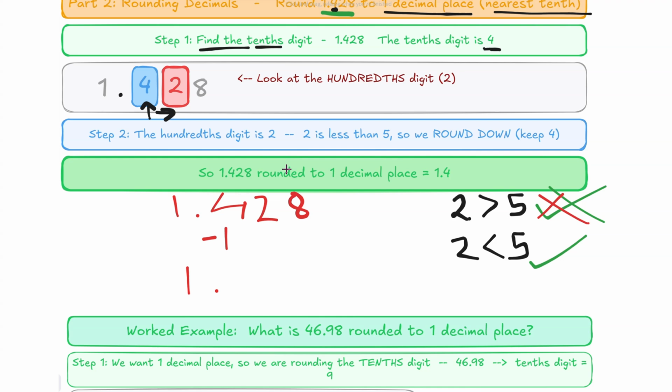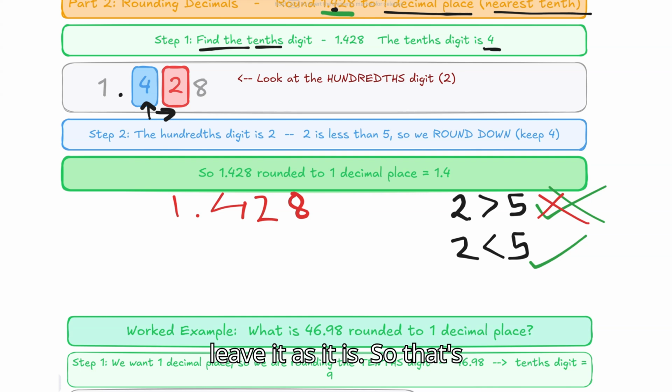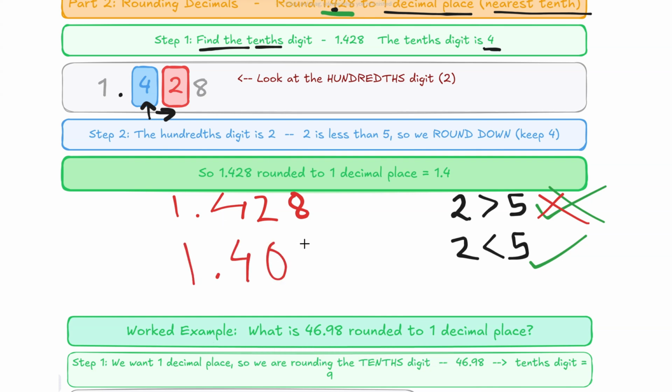Sorry, this is where I said it's slightly different. We leave it as it is. So that's 1.4. That's the answer.